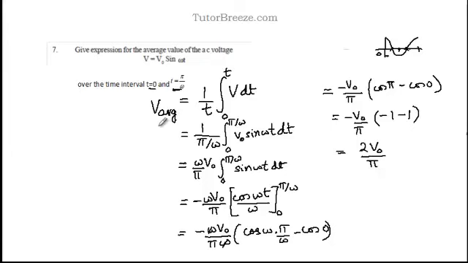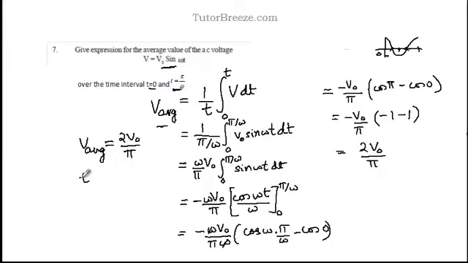To find the average value of any waveform, you first need to write it as V times dt and then divide by the total time interval over which you are integrating. So the average value, V average, for half a cycle is 2 V naught over pi, and you know that the average value of a cos curve or a sine curve for a full cycle, so if this was given for a full cycle, that would have been 0.